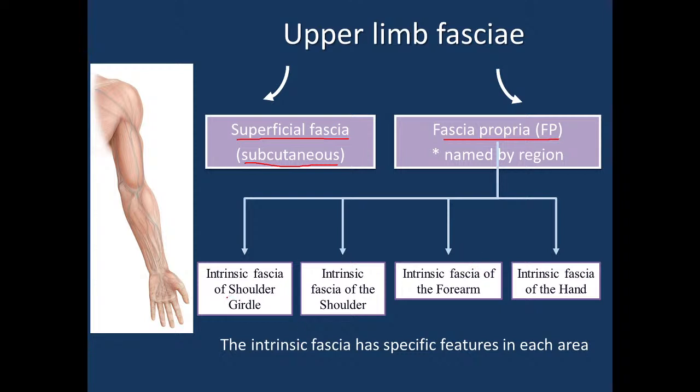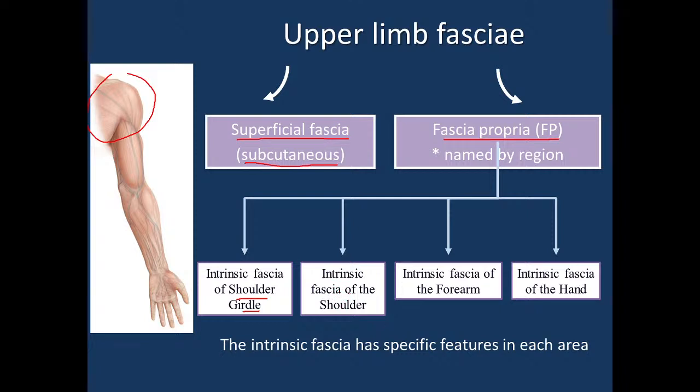For example, we call it intrinsic or own fascia of the shoulder girdle. It covers all muscles of the shoulder girdle group.